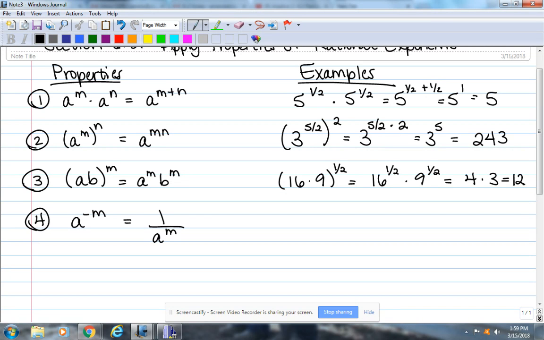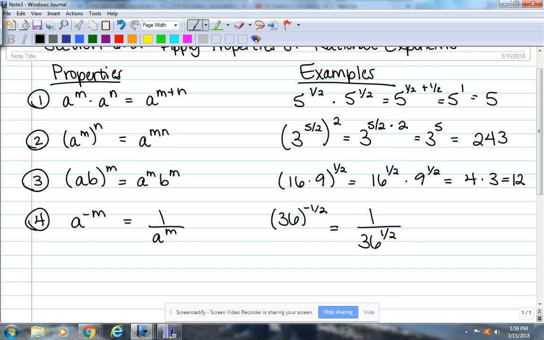So that's what it looks like with variables. Now let's actually work a problem. So if I have 36 to the negative 1/2 power, that means I put 36 to the positive 1/2 power in a denominator. So that's the same thing as 1 over 36 to the 1/2 power.